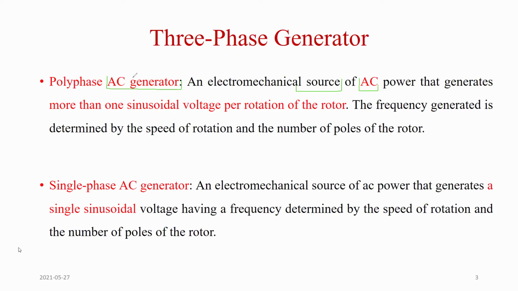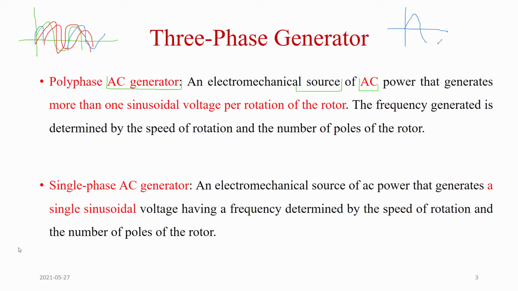What does that mean? The AC will give you one wave, then another one, then a third one, maybe more than that: a fourth one, a fifth one, so many AC waves. Now this is the AC voltage.